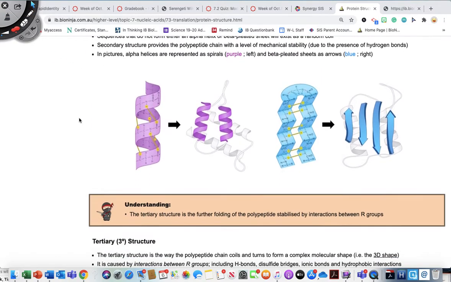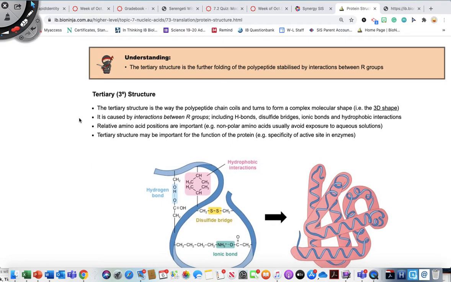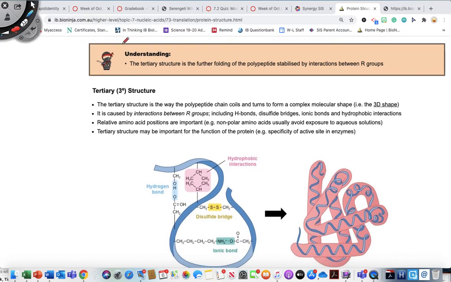All right, moving on. Then we have the tertiary structure. And the tertiary structure, I like to think of it as a three-dimensional shape. So that means that you get even further folding of the polypeptide, and you get further interactions between R groups.